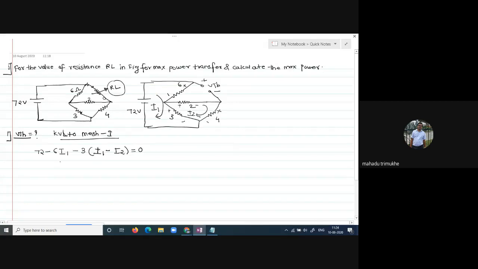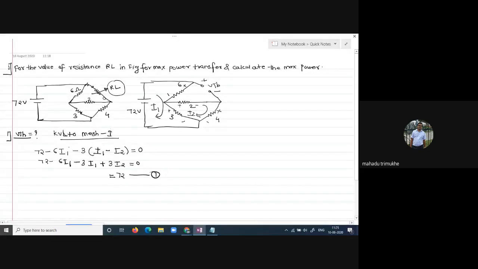Now you have to simplify this. I simplify: I1 minus 3 I1, that is plus 3 I2. 72 as it is, you keep it outside, is equal to: positive sign will get negative and negative sign will get positive.